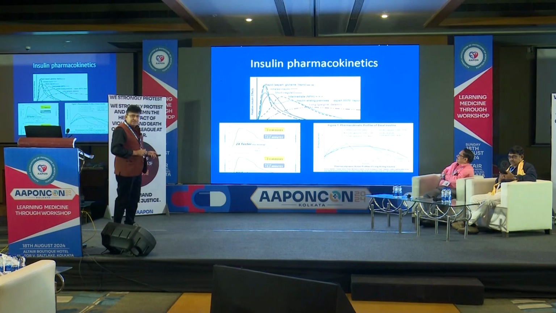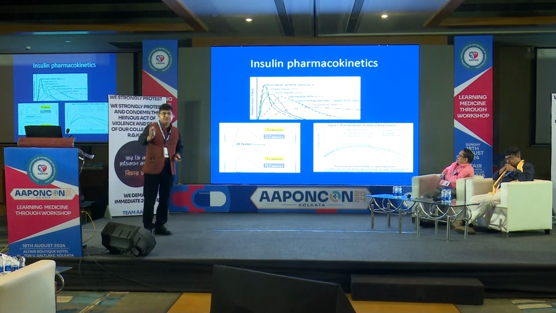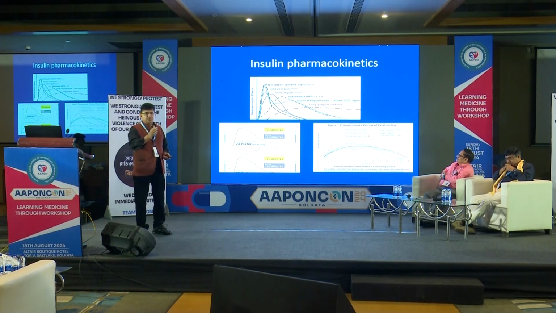But when the analogs came, like aspart, glulisine, lispro, we saw that the peaks are coming pretty fast, within half an hour or so, and there is no soldier effect, and the effect is going down sharply. That's why they are not causing any post-absorptive hypoglycemia, which should come after 4 hours after your meal. So postprandial, then post-absorptive. Postprandial is 4 hours, post-absorptive is after 4 hours.